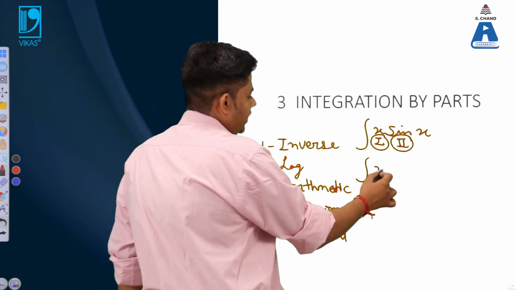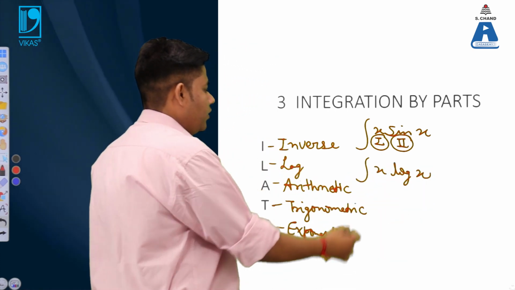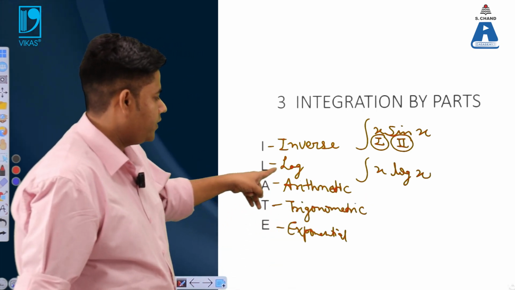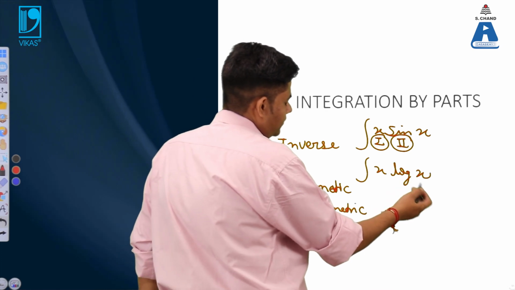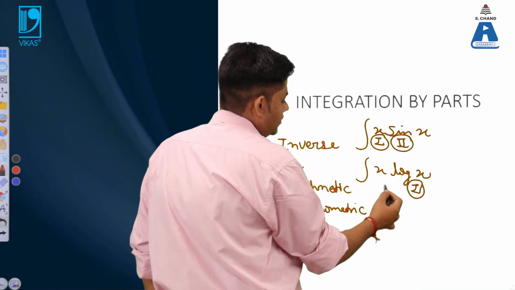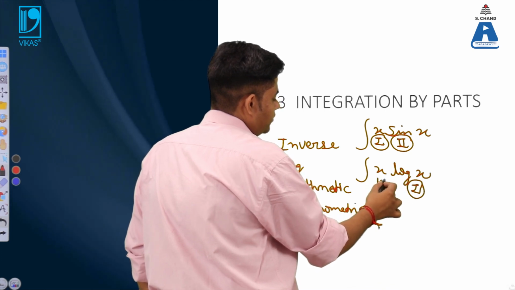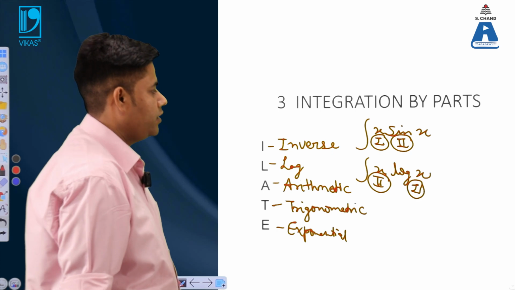Additionally, let's say I want the integral of x log x. For that, log x is the first preference and the arithmetic function is the next preferred function. So log x is the first function to be used, and this one is the second function to be used.